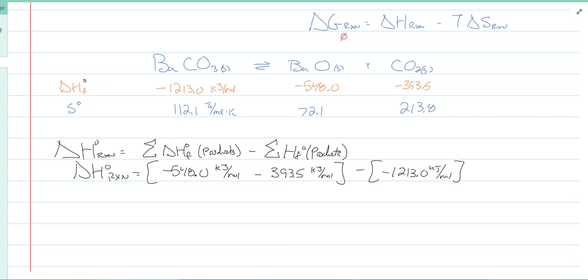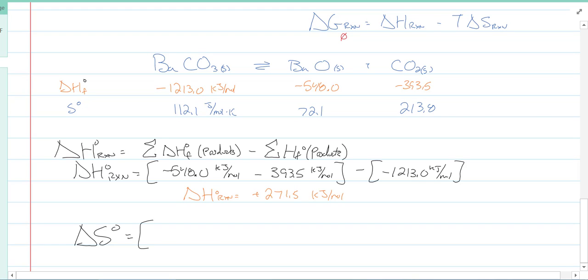So my delta H of the reaction is going to be equal to 271.5 kilojoules per mole.